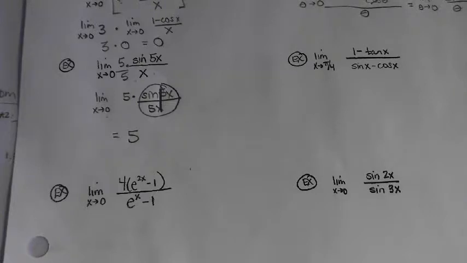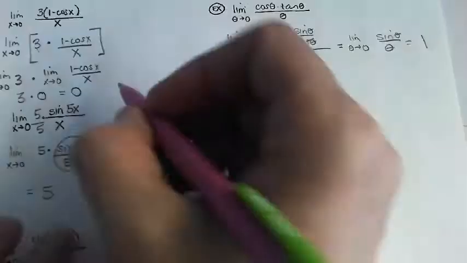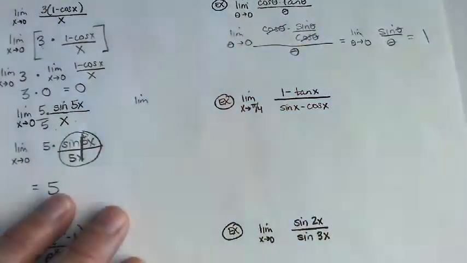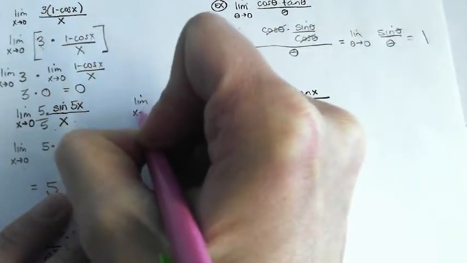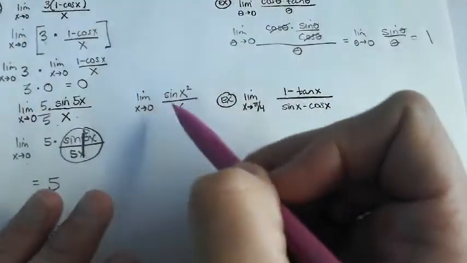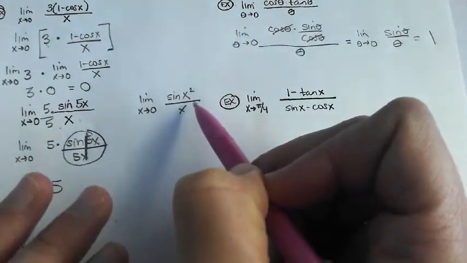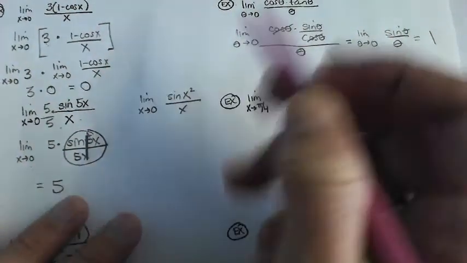Right, because you can't square the numerator and the denominator. Correct. There's no quick fix for that, because if it was the sine of x squared, you would need an x squared on the bottom, and if all you had was an x, well, I like that. You couldn't square both, but you could multiply both by x. So let's do that. Sine of x squared over x. We can't use our property right now, but you can always multiply by 1 in a creative fashion.